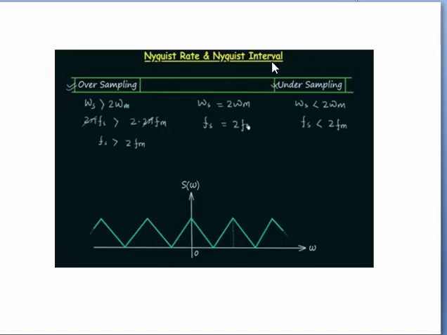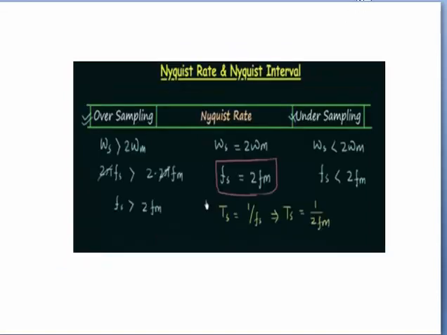To calculate the Nyquist interval, we will simply use the relation between frequency and time period. We know time period is equal to the inverse of frequency, that is 1/fs, or Ts is equal to 1/2fm, and this Ts is called the Nyquist interval, and fs is called the Nyquist rate.